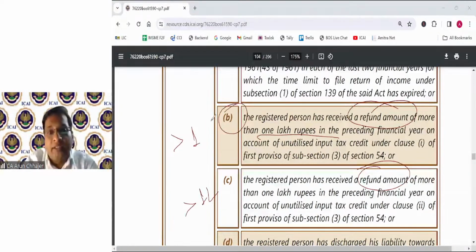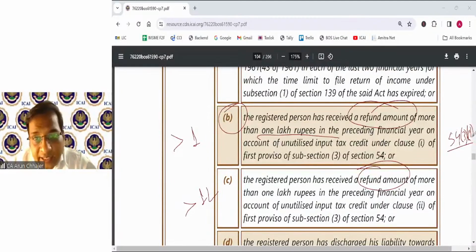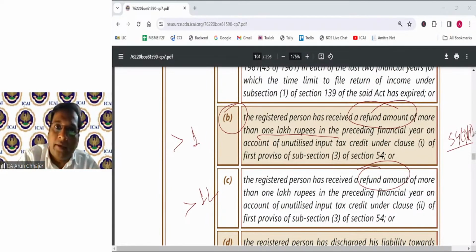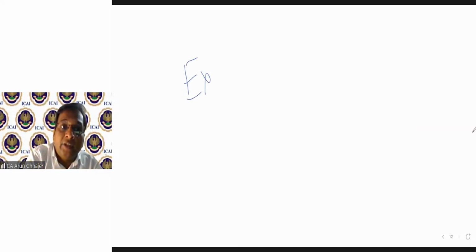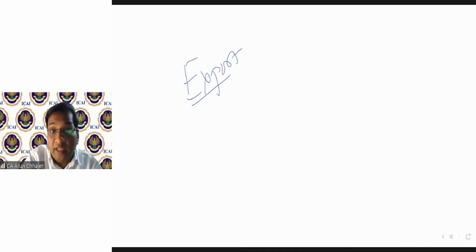In clause B, they are saying 54 subsection 3 clause 1. What is that? In case of zero rated supplies against LUT without payment of IGST. We will discuss this in the export chapter or SEZ. You have 2 options to make zero rated supplies.